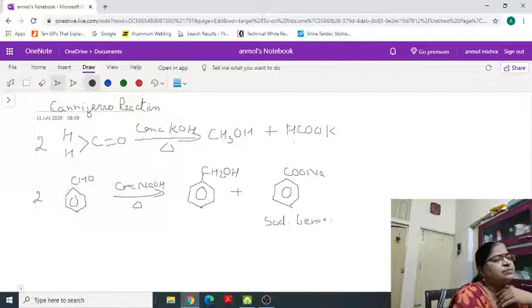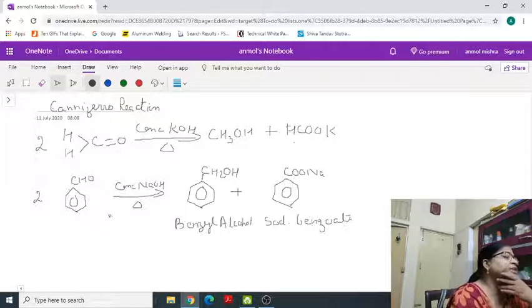So only formaldehyde and benzaldehyde give the Cannizzaro reaction, those molecules which do not have an alpha hydrogen atom.